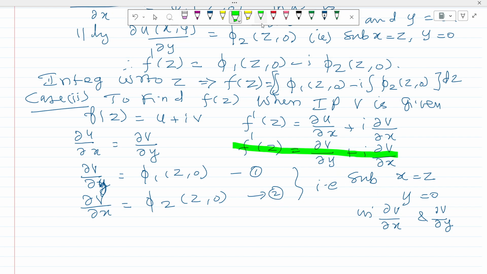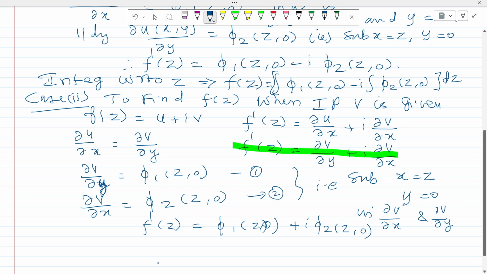These two equations you have to remember. Therefore here you get f dash of z equal to φ1(z,0) plus i φ2(z,0).